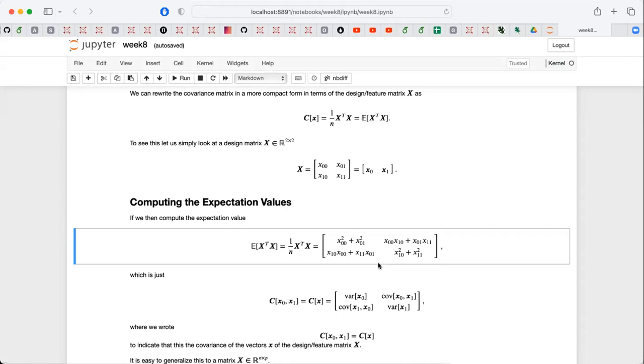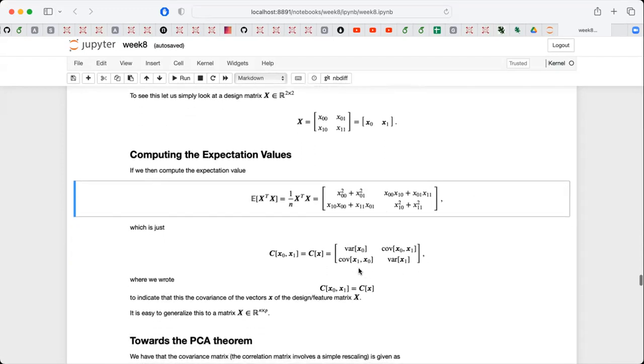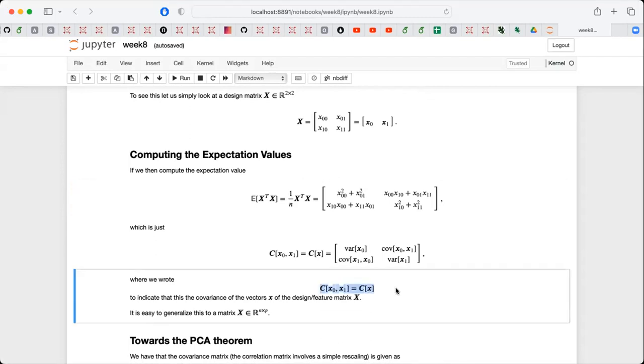So this is the same as taking these two vectors, x0 and x1, and setting up the final covariance matrix, which we often rewrite simply in terms of x. It's common to use a more compact notation where we're now calculating the covariance of the design or feature matrix X.